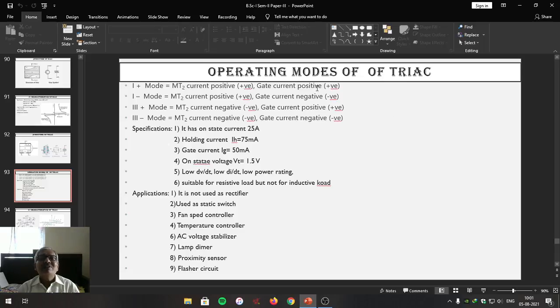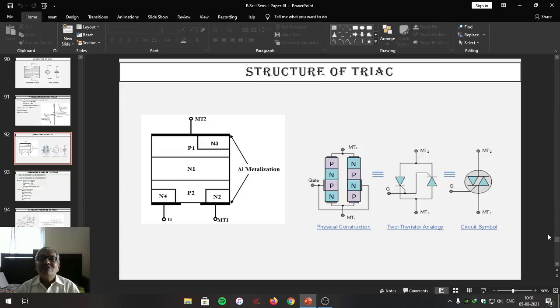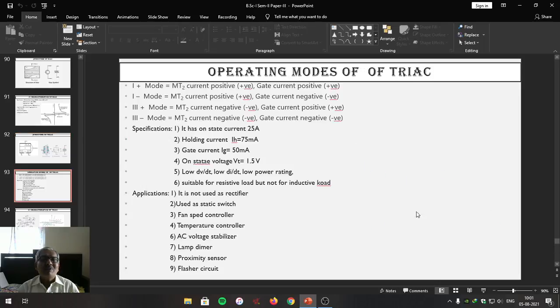So that's why these 4 modes of operation are possible. These operations are possible because the gate is common for P2 and N4. MT1 is also common for N2 and P2. Because of this situation only, you can operate the triac in 4 modes of operation, in quadrant 1 and also in quadrant 3.